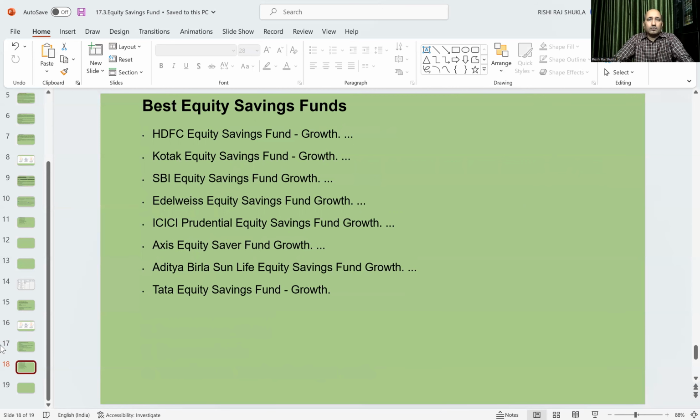So these are a few of the best available equity savings funds which you can think of investing in. Of course, this is only for academic purpose. You should consult your mutual fund advisor before investing in any of the schemes.